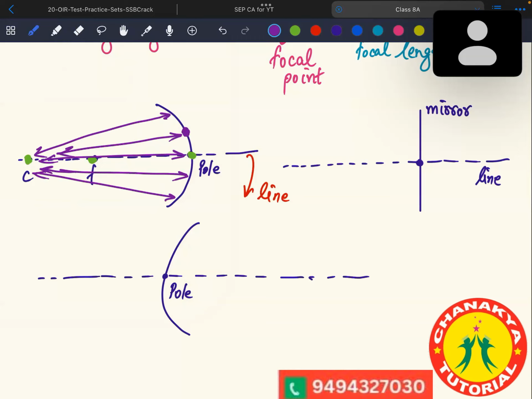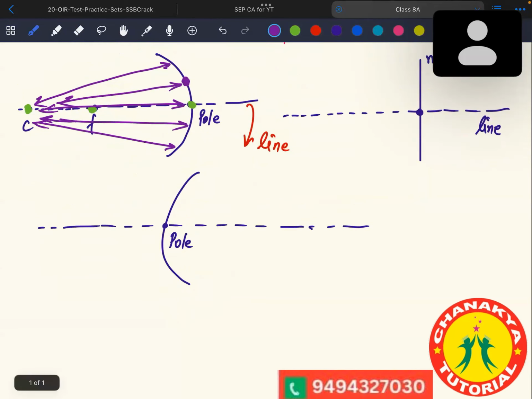They are not different, they are all the same. Because if we draw a big circle and the center of curvature is taken as the center, then all of these are radii, and radii are of the same length.